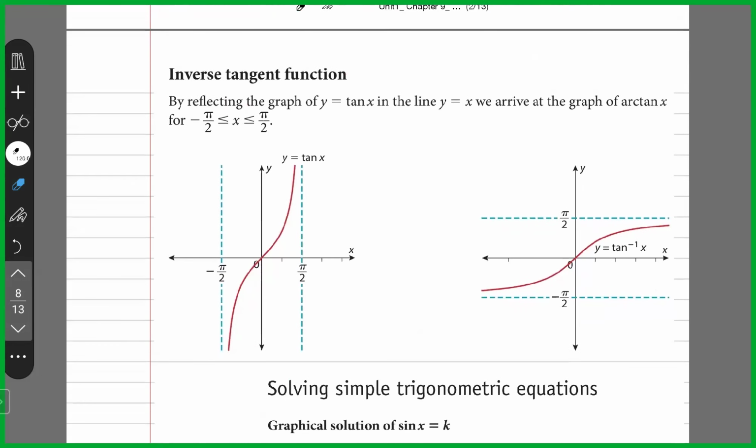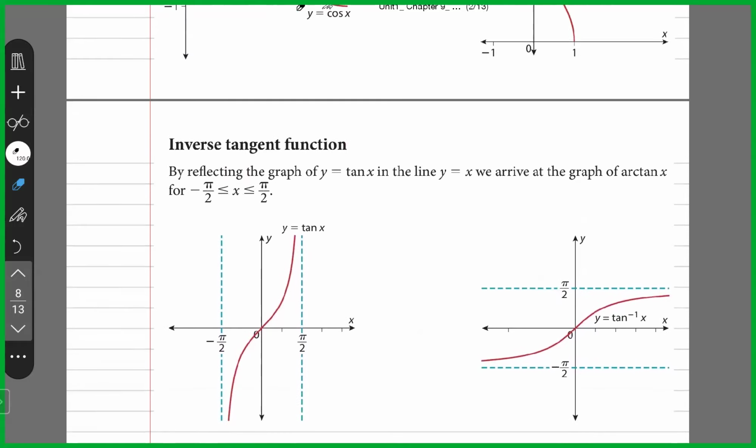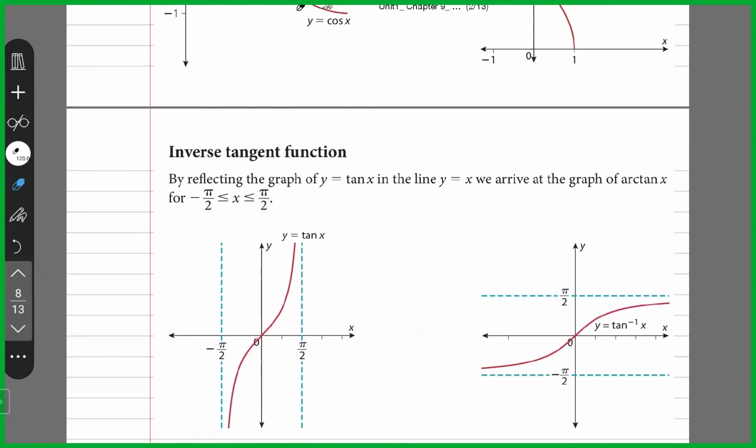This is the inverse tangent function. So it's the graph of y is equal to tan x and the graph of tan inverse x. As a function, the domain for tan x is between -90 and +90.